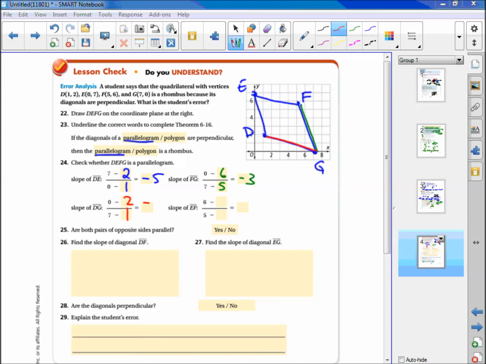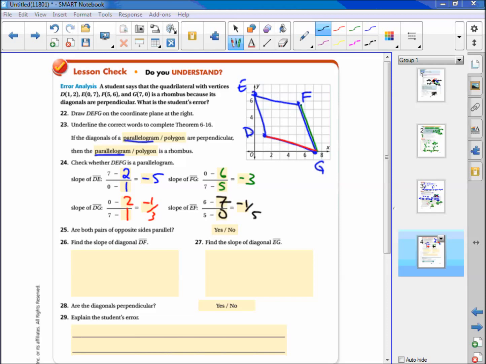This gives us -1/3. And then we need to find the slope of EF. So the slope of EF is 6 minus 7 over 5 minus 0. So that's -1/5.